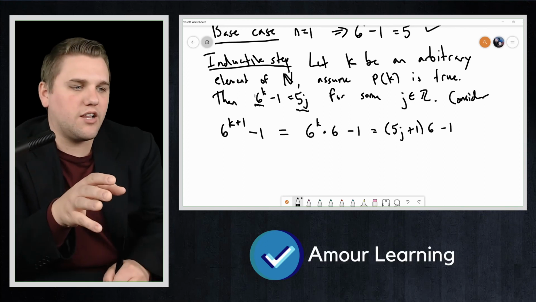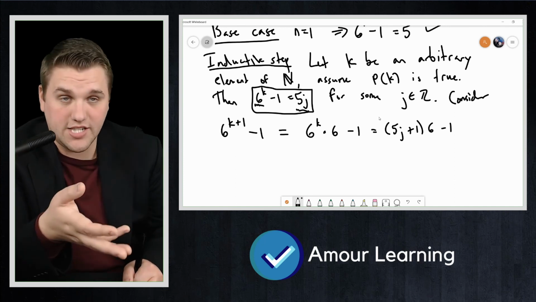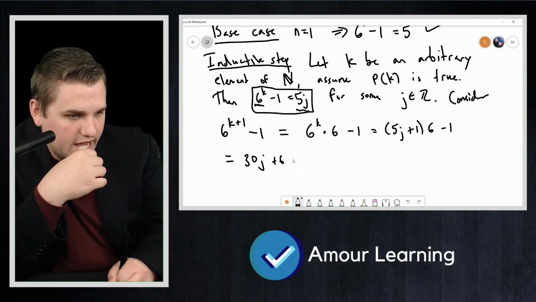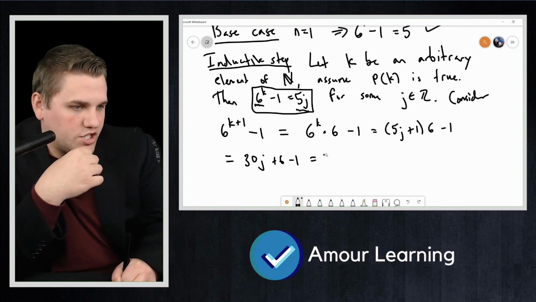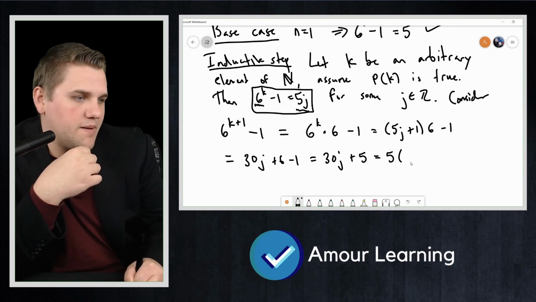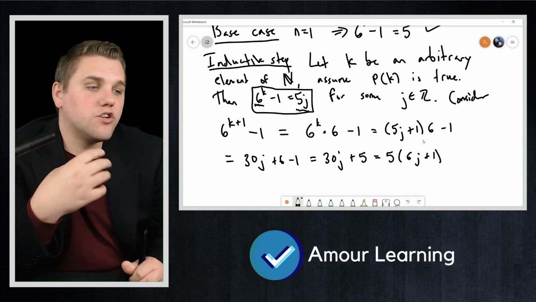So see what I did there? Technically, if you want to do some algebra, you just add 1 to both sides to solve for what 6 to the k is there. And I can simplify this. This is 30j plus 6 minus 1, which is 30j plus 5, which is 5 times (6j plus 1).